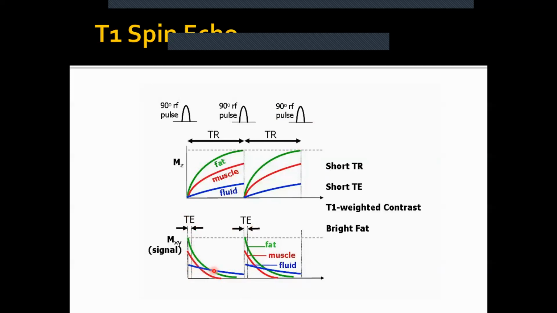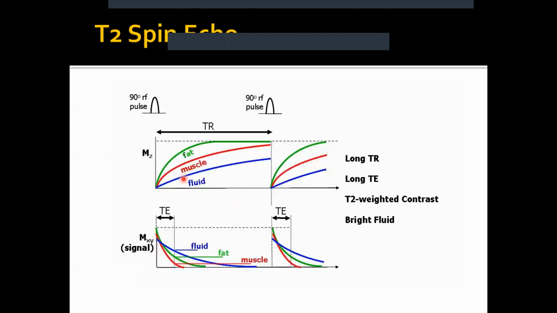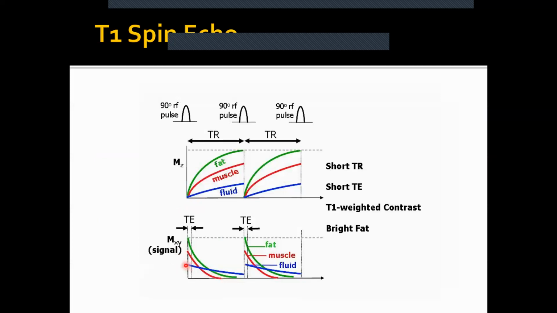Fluid takes a long time to relax, but in the beginning it has a lot less energy compared to fat and muscle. So when you want to visualize stuff like fat and muscle, you're going to use a T1 weighted contrast, because they release all of their energy in that beginning phase, the T1 phase. That's what this is going to look like. You can see that fluid appears black on this image. Why? Because compared to fat and muscle, fluid has a lot less energy in the beginning phase, in the T1 phase.